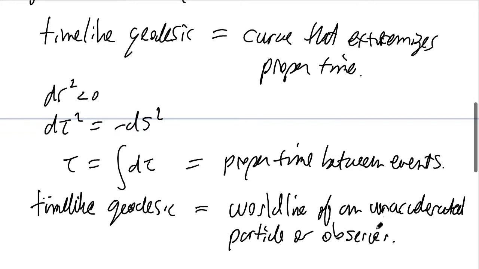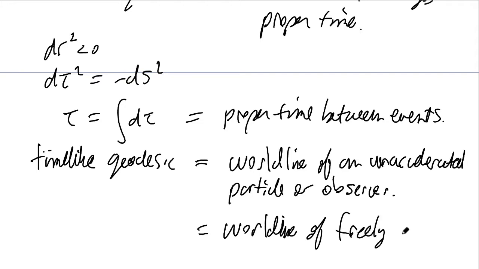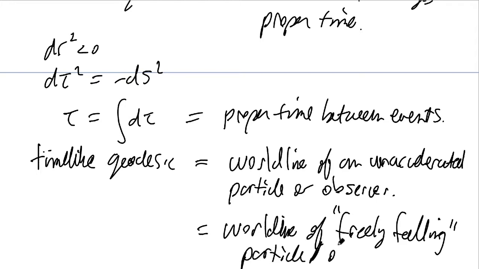Another way to say this is it's the world line of a freely falling particle or observer.